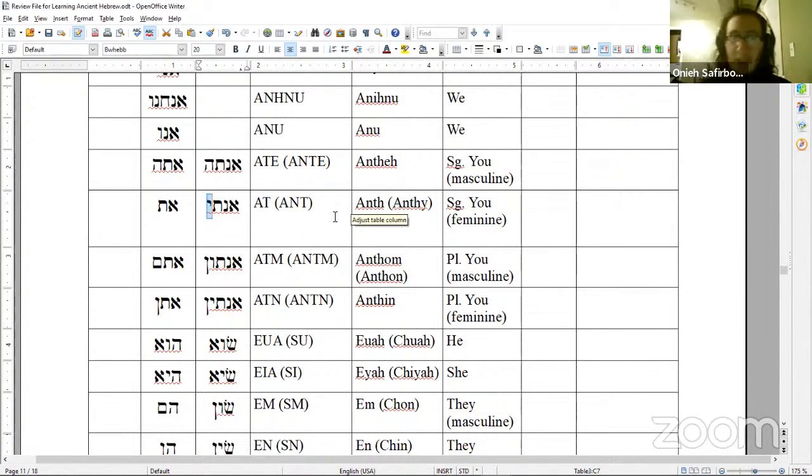Basing this on Akkadian and parallel forms in Hebrew for other grammatical forms which have the singular you feminine with a yod. Atham, it's really originally Antham.